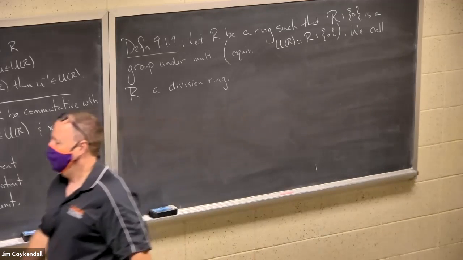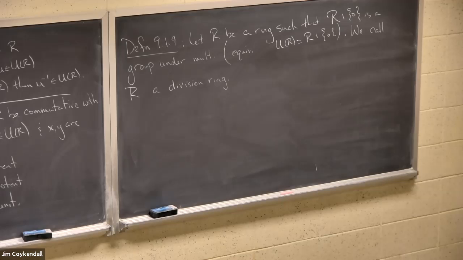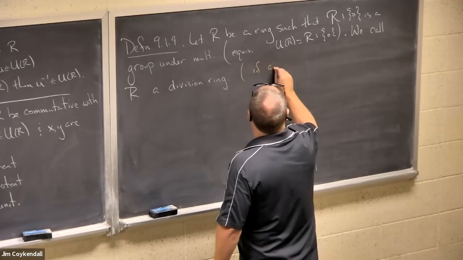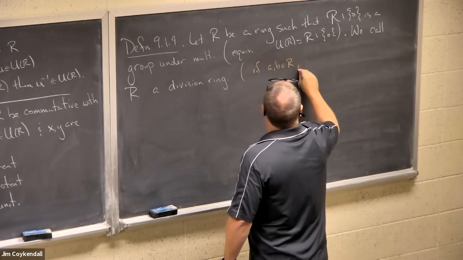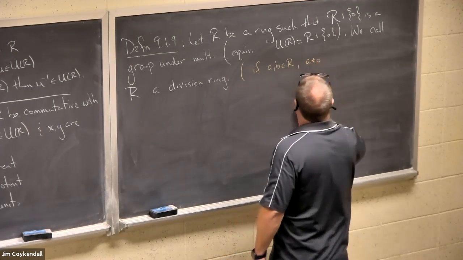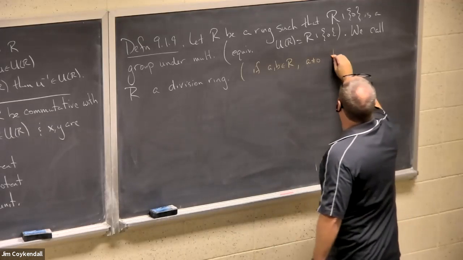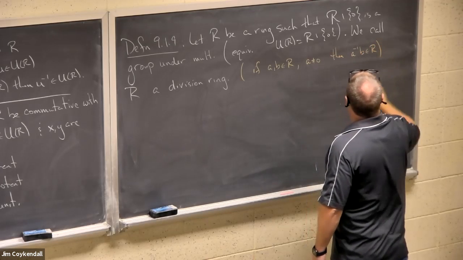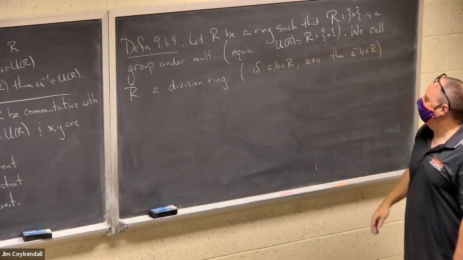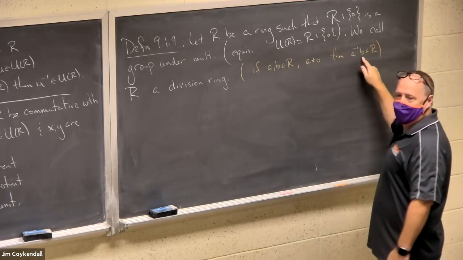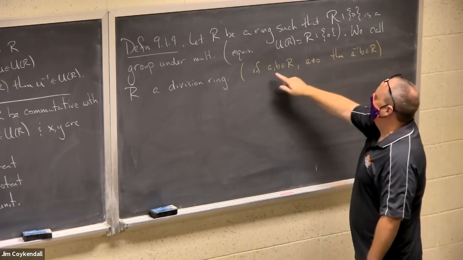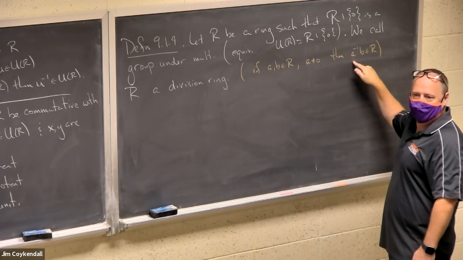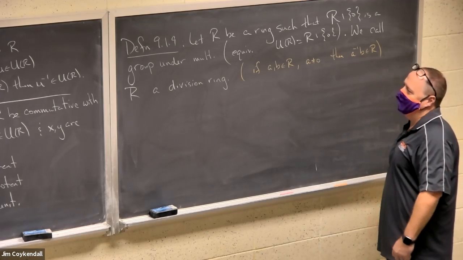So let me give you a little example. That's what we call a division ring, because you can divide B by A in a certain sense, right? Because since A is not zero, A inverse is in the ring, right? And so A inverse times B is in the ring. That's why it's called a division ring.